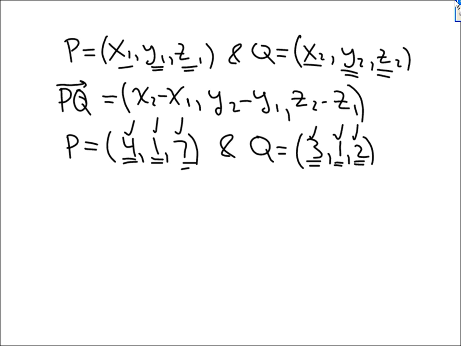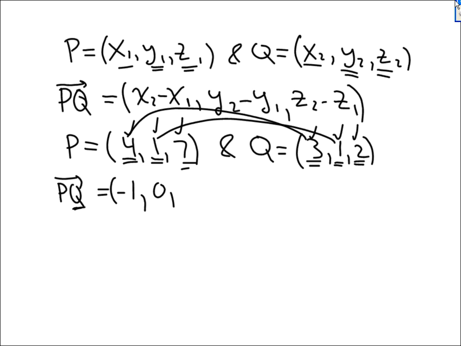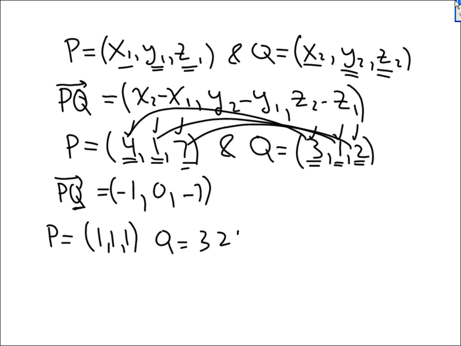Now, if you were said to look at this problem again, find the vector from P to Q. They just got so much into a habit of doing Q minus P. 3 minus 4, 1 minus 1, 2 minus 7, and then they did the next problem. It said P is 1, 1, 1, Q is 3, 2, 4, and find the vector from P to Q. Oh, Q was second.